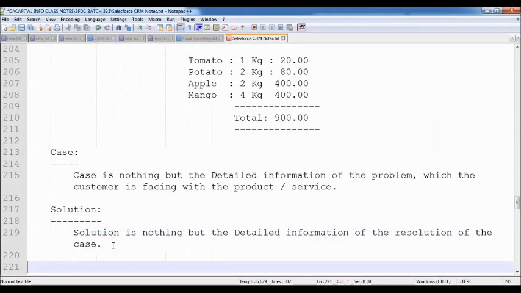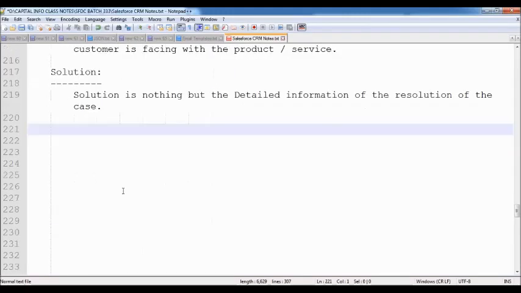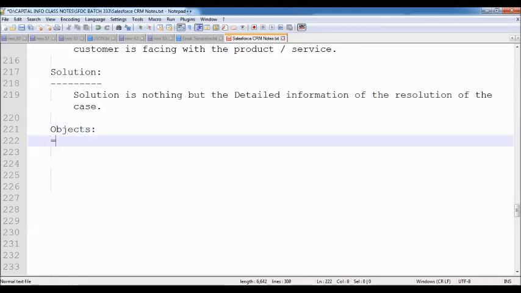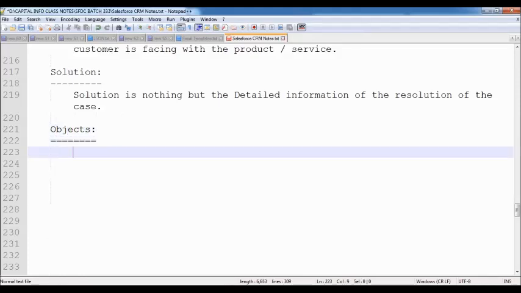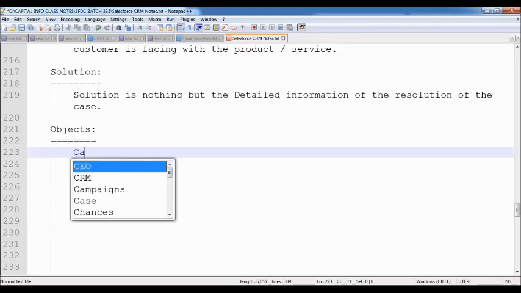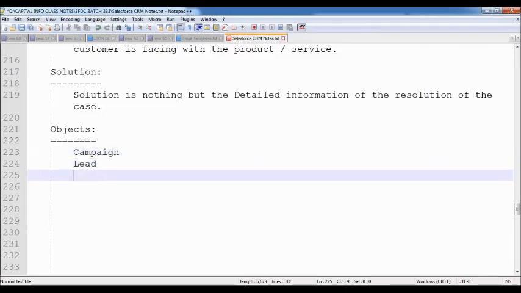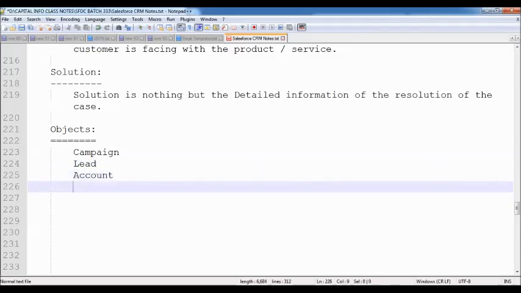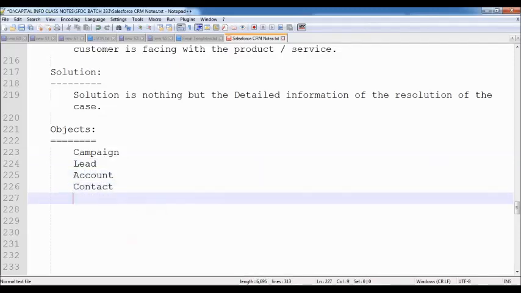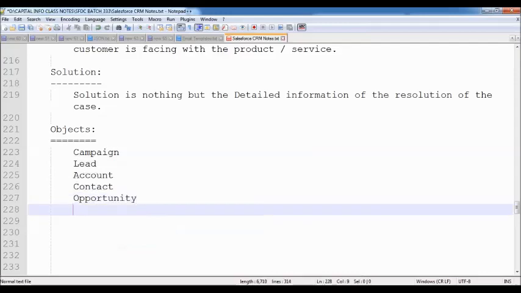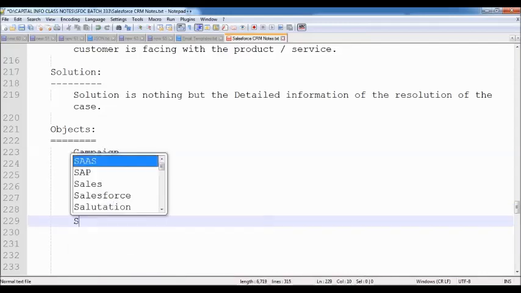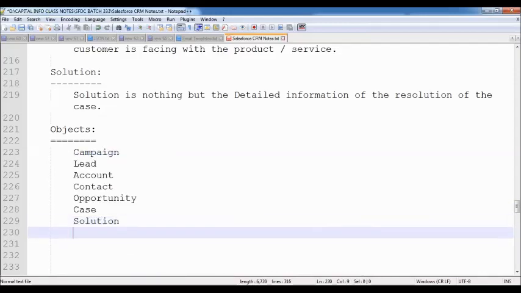So what terminology have we discussed so far as part of the CRM life cycle? These are all called objects. We have used the campaign object, lead object, account object, contact object, opportunity object, case object, and solution object.